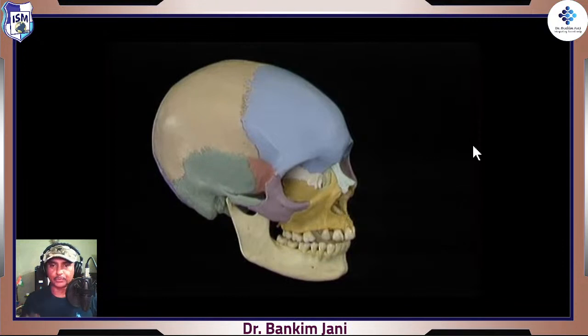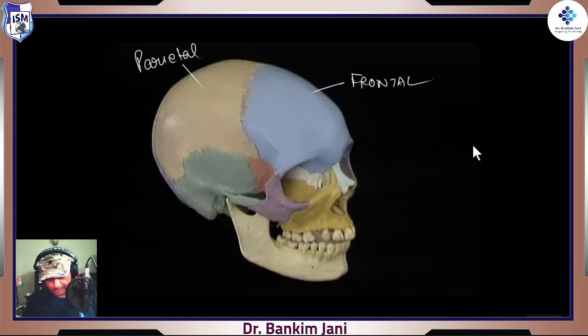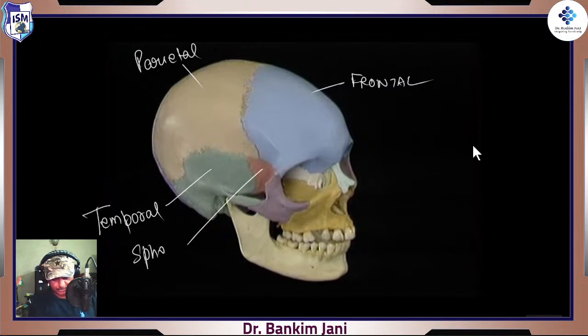So these are the bones which we already know, right? So that is frontal, this one would be parietal, and that's temporal. Then zygomatic arch. That's sphenoid.